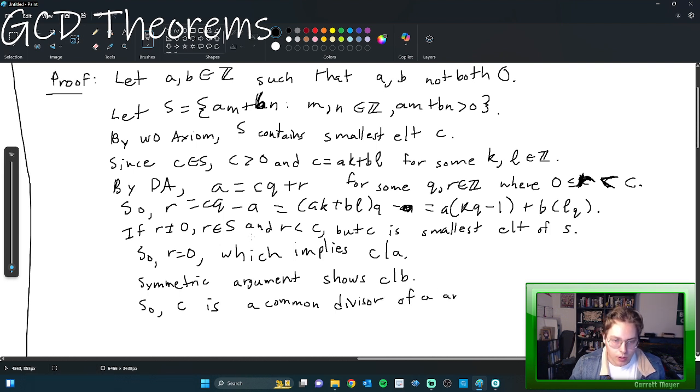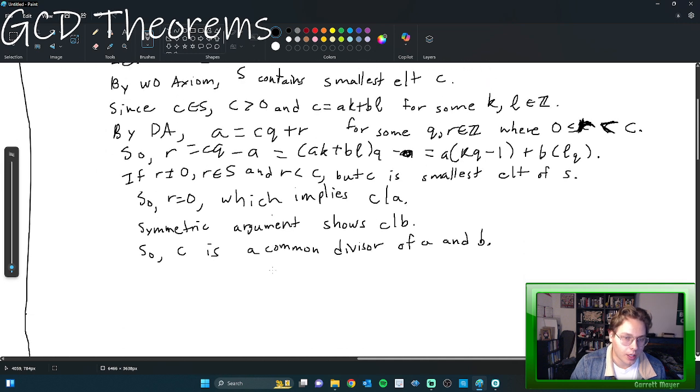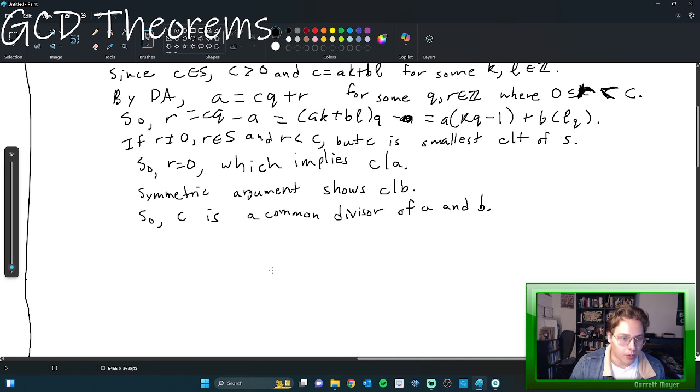Okay, so this is basically everything we did from before. This is all the proofs that we did from before, and then in that previous proof we just showed that C must be equal to 1. But now, we've shown it's a common divisor, so now we have to show that C is the greatest common divisor.